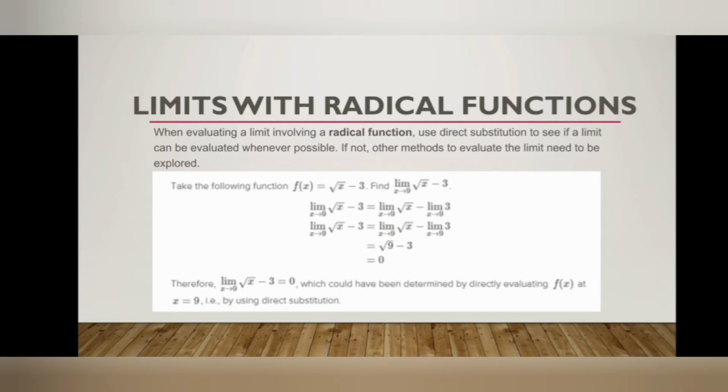Therefore, the limit as x approaches 9 of square root of x minus 3 is equal to 0, which could have been determined by directly evaluating f of x at x equal to 9, i.e. by using direct substitution.